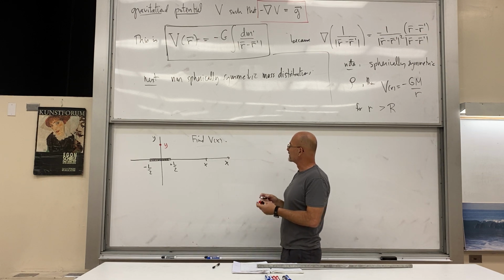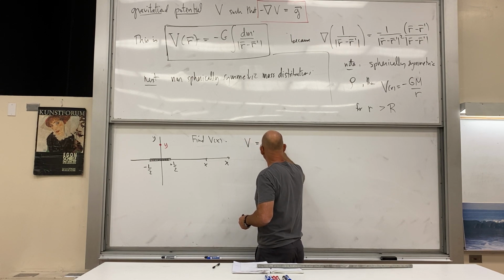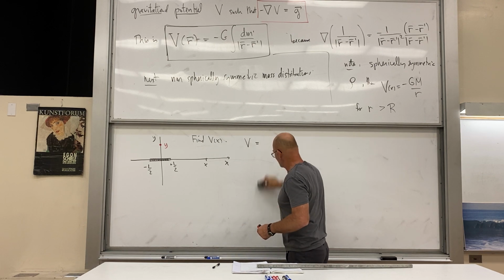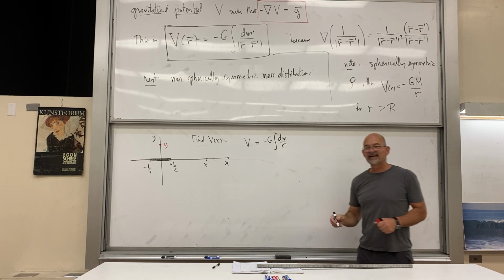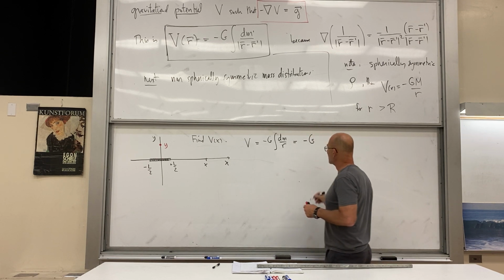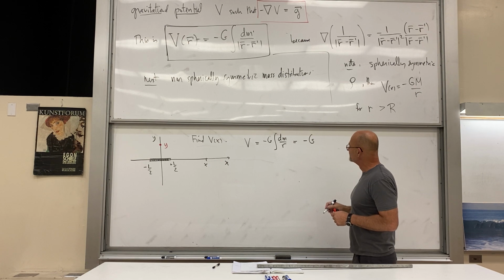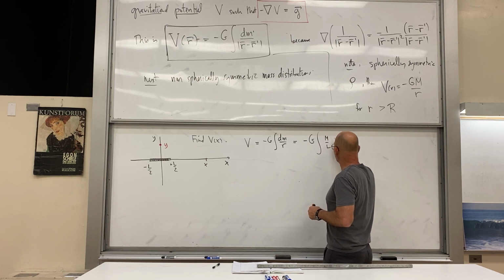So how do we find V of X? What we do is use this formalism. It's minus G integral dm over r. So just write that down as a recipe, and then we'll fill in what's going on here. So the dm we can think of as total mass per length times dx, right?